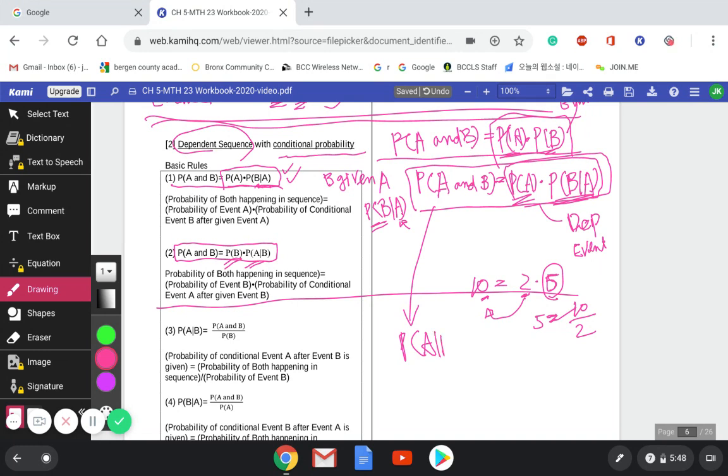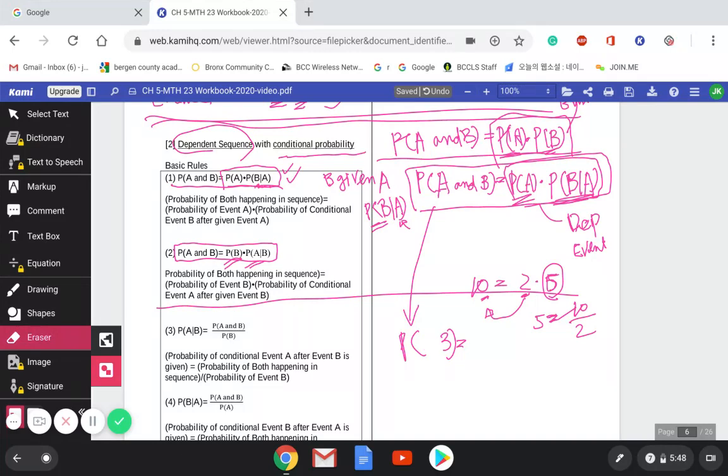Let's make it B given A first. They're looking for this, right?